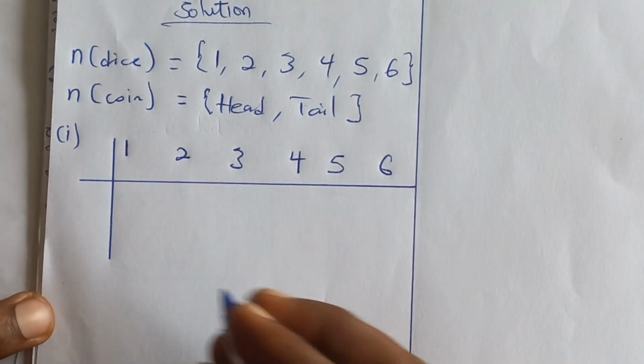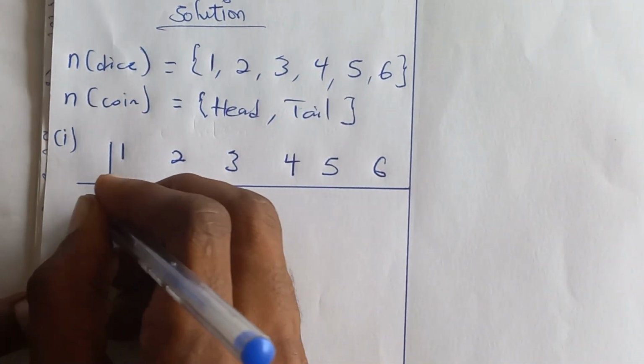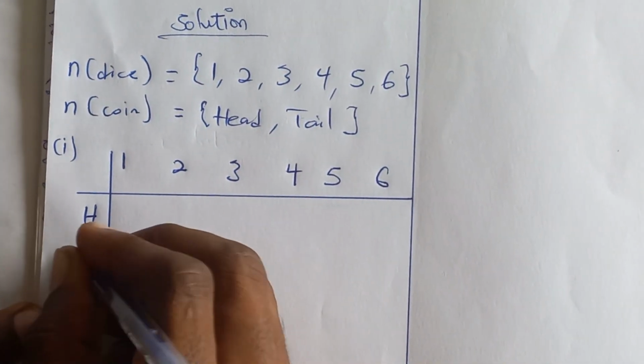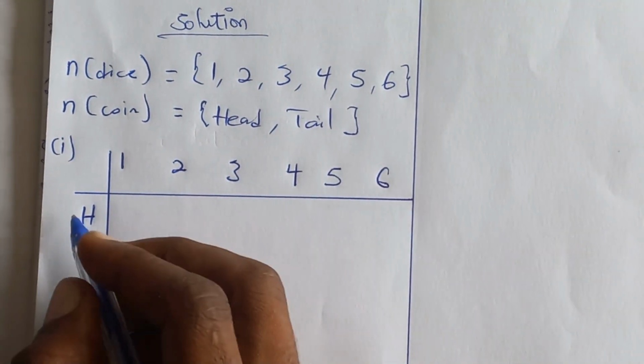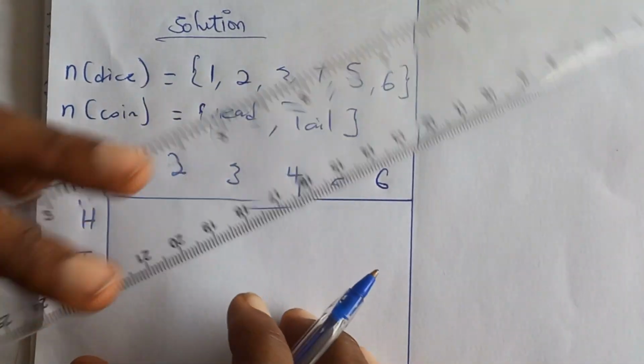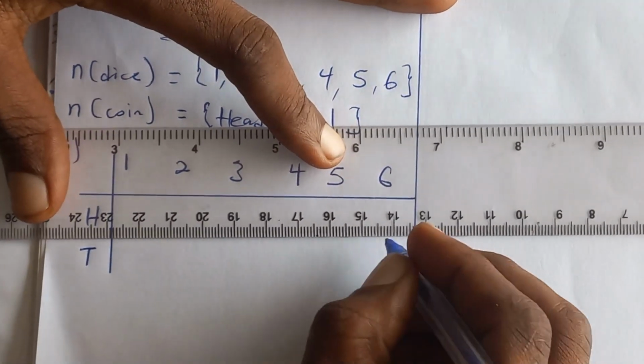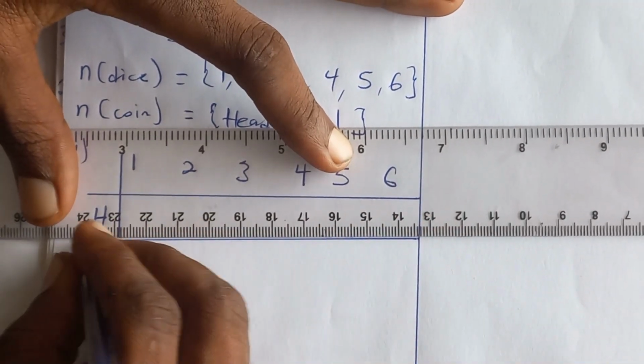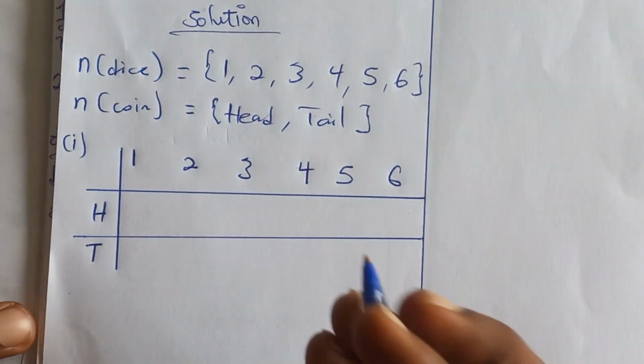Then for the coin, we have the head as H and the tail as T.